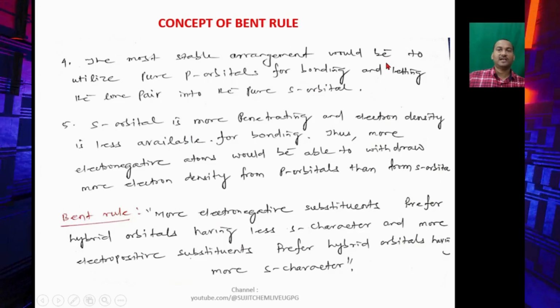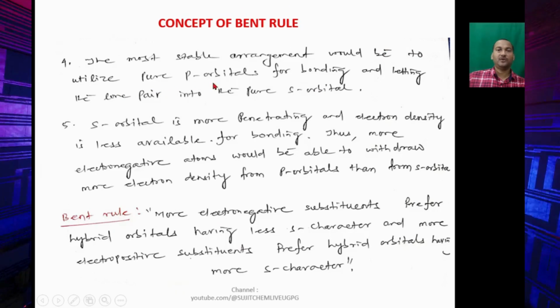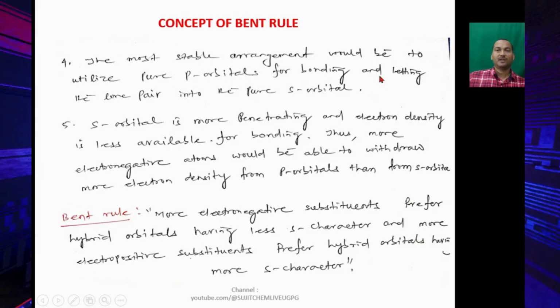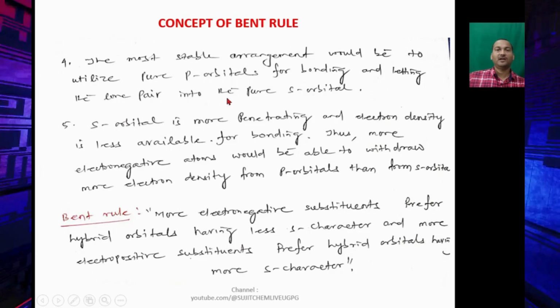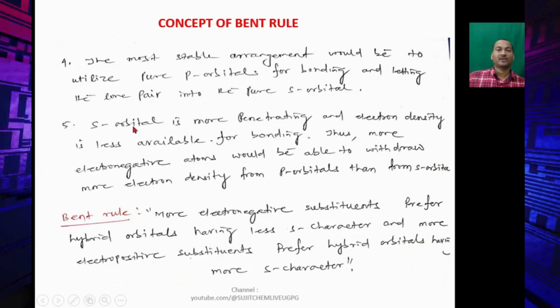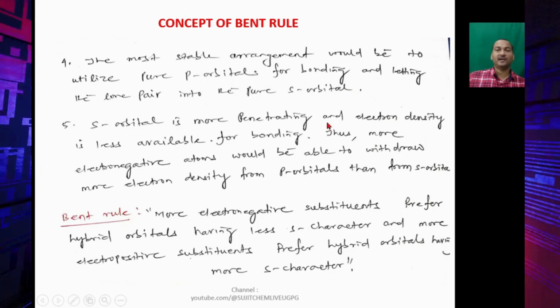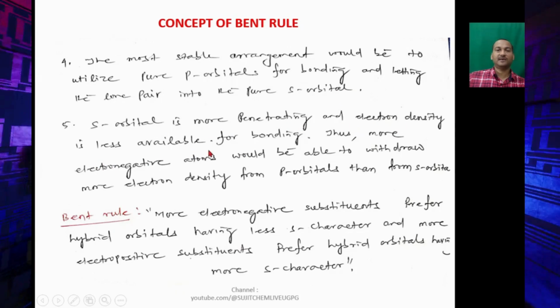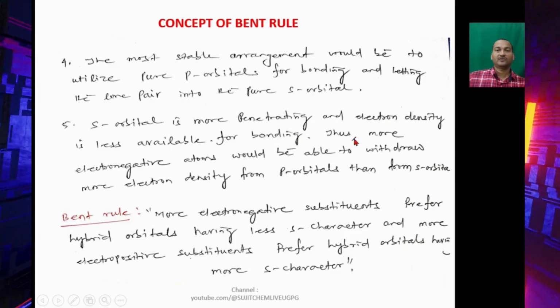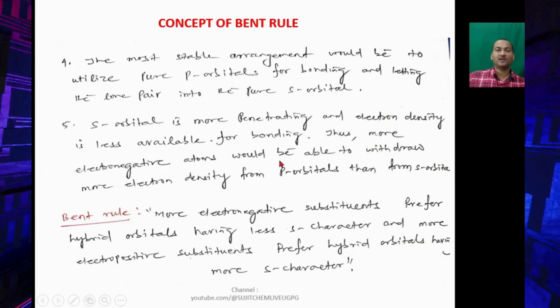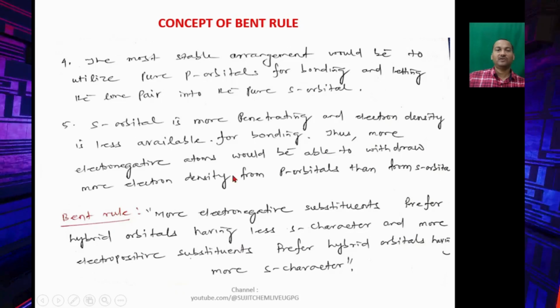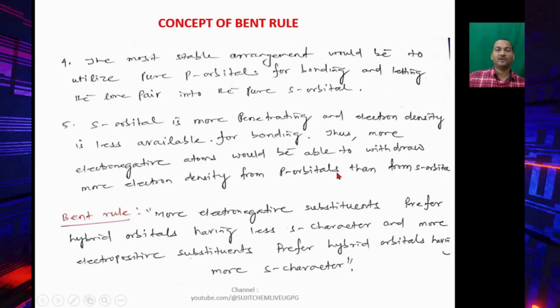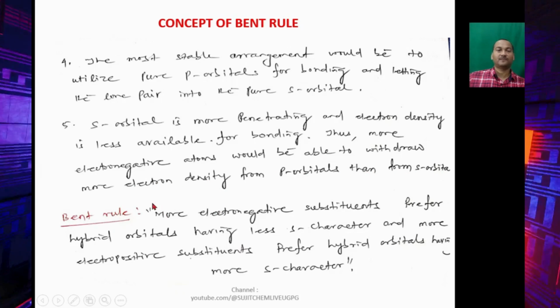So the most stable arrangement would be to utilize the pure p orbitals for bonding and letting the lone pair go into the pure s orbital. The s orbital is more penetrating and the electron density is less available for bonding. Thus more electronegative atoms would be able to withdraw more electron density from p orbitals than from s orbital.